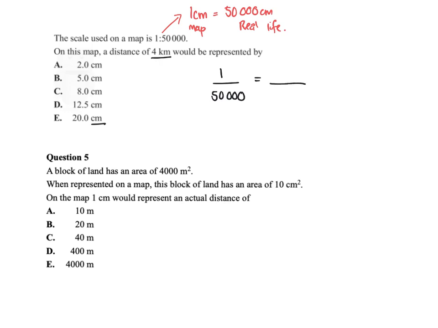So I'm going to change this 4, because they want my answer in centimeters. I'll change the kilometers to centimeters, which would be you times by 1,000, because 1 kilometer has 1,000 meters, and then a meter has 100. So there you go. And I want to know what that equals, and we can do that on the calc.